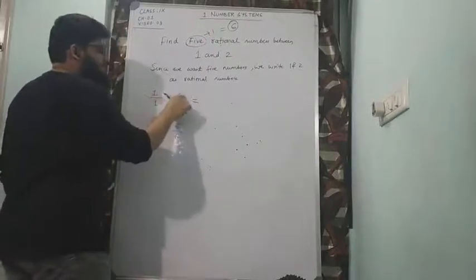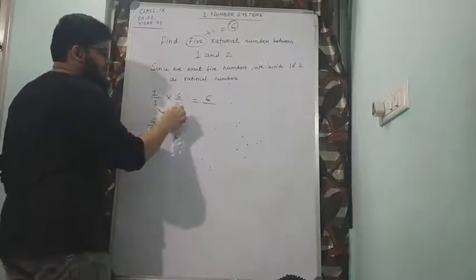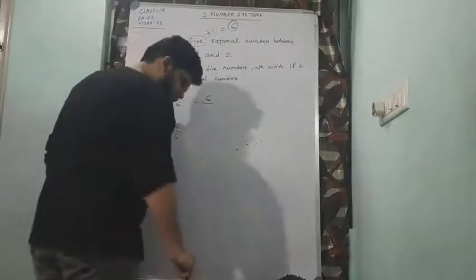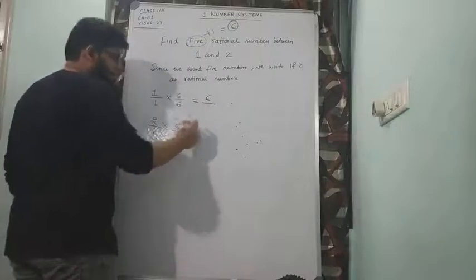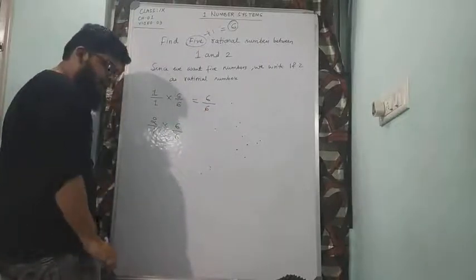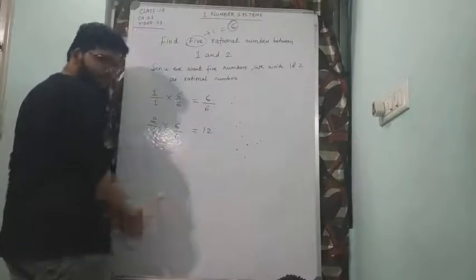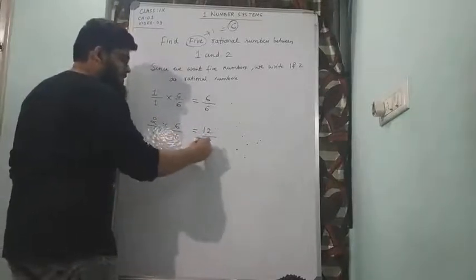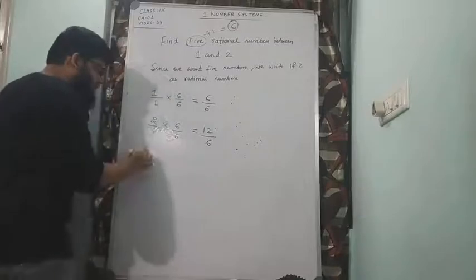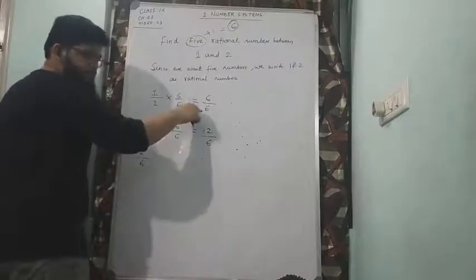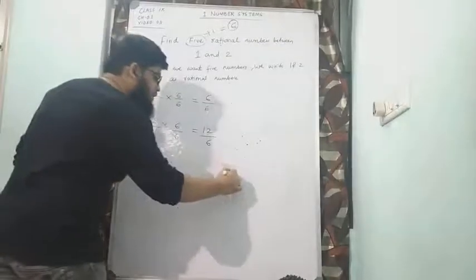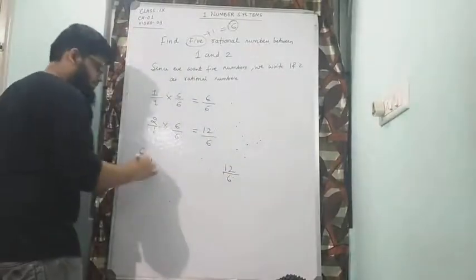Now 1 times 6 is 6, again 1 times 6 is 6, and 2 times 6 is 12 divided by 1 times 6 is 6. So I have got 6 by 6 and I have got 12 by 6.